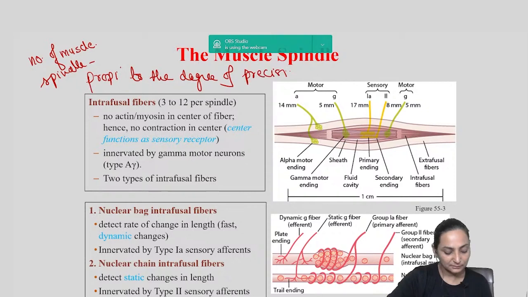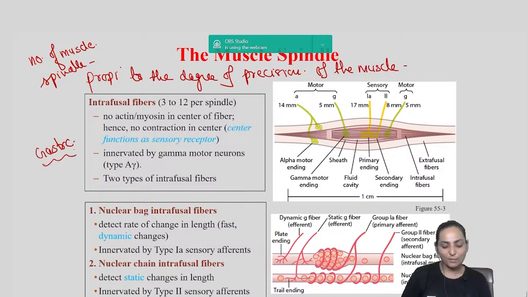What do you mean by that? Like in the gastrocnemius muscle, which is not performing any skillful or very precise movements, not very fine skilled movements.